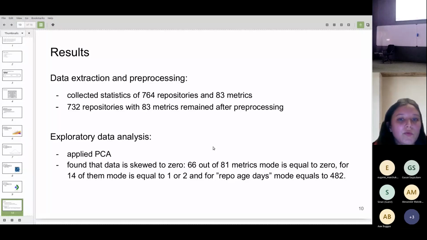Also, we removed metrics which contain only 0 values. And after preprocessing, we have 732 repositories and 81 metrics.